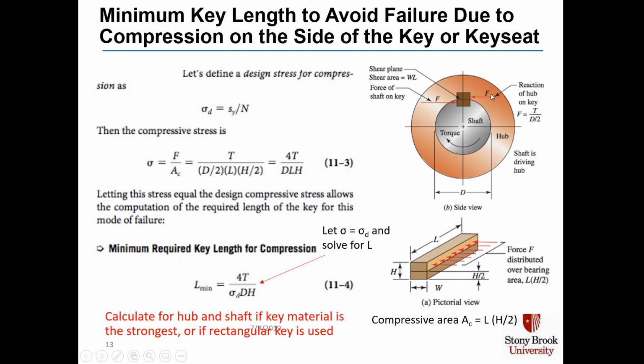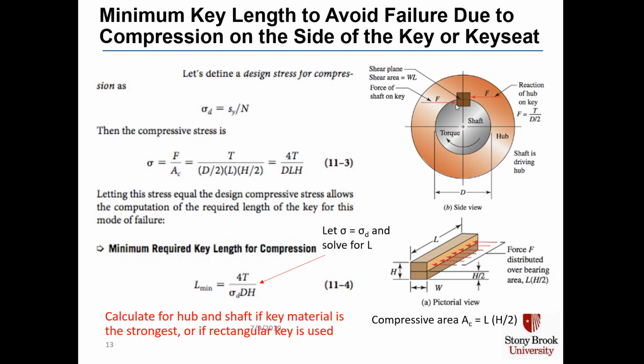You have a compressive force acting on the top half of the key when it's in the hub, and you have a compressive force acting on the bottom half of the key that's in the shaft. That's why you're using a compressive area A sub C equal to L times the height divided by 2.